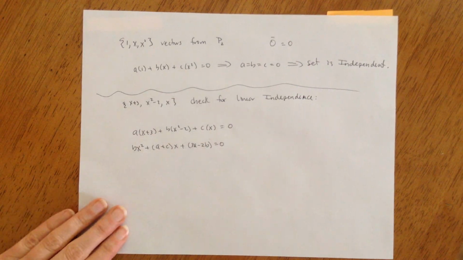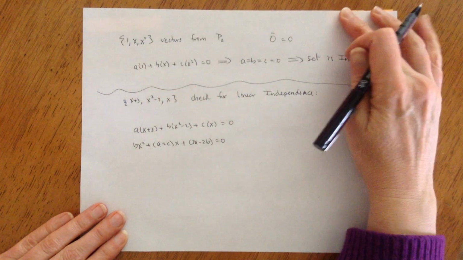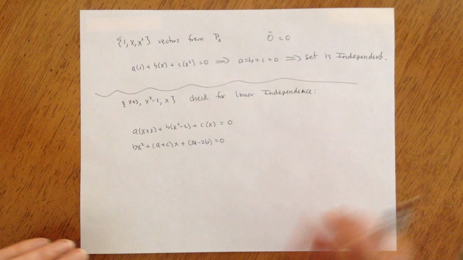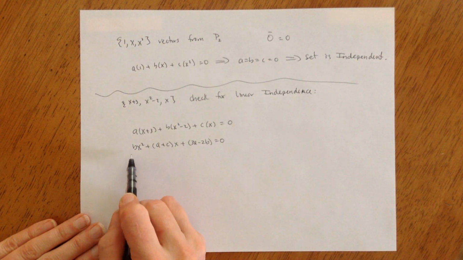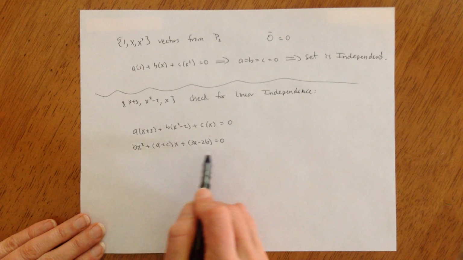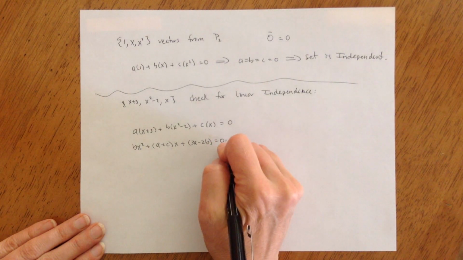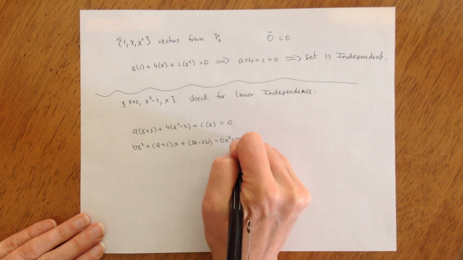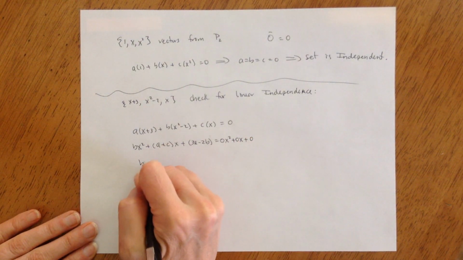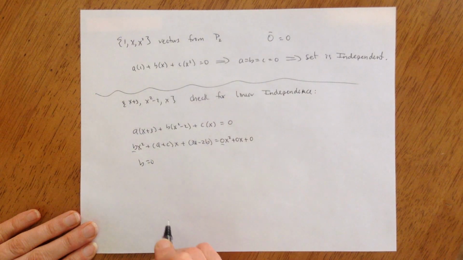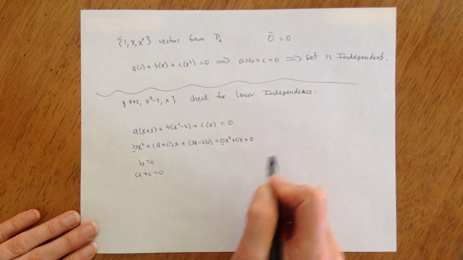That's equal to 0. This may remind you, if you've had Calc 2, of partial fractions a little bit. In order for this polynomial to equal this polynomial, because this is really 0x squared plus 0x plus 0, I would need b to be equal to 0, because this coefficient has to be the same. I would need a plus c to be equal to 0.